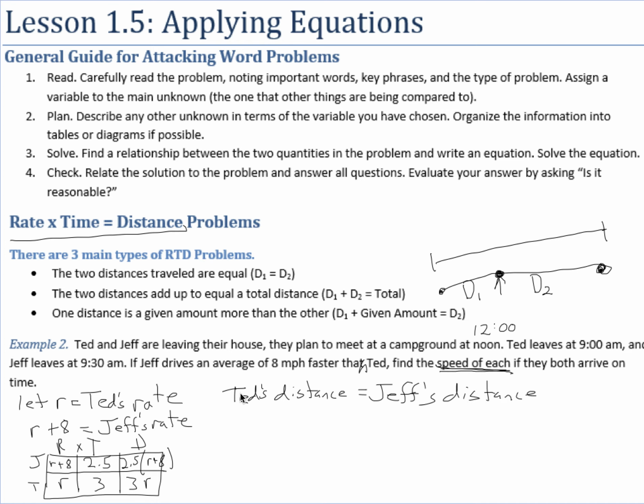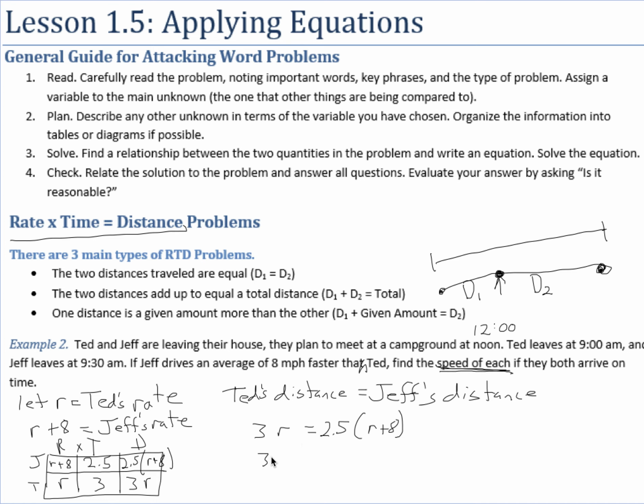Well, what do we know about their distances? Ted's distance is right here. His was 3R, because rate times time equals distance, so this is 3R, equals Jeff's distance. Well, Jeff's distance is right here, 2.5 times R plus 8. And now, we did a lot of work, seemed hard, but now we're at least down to an easy equation to solve.